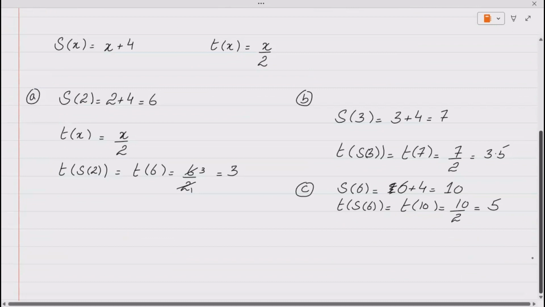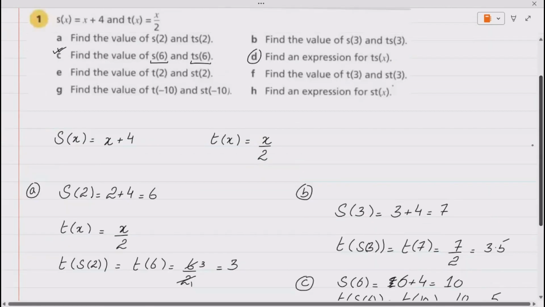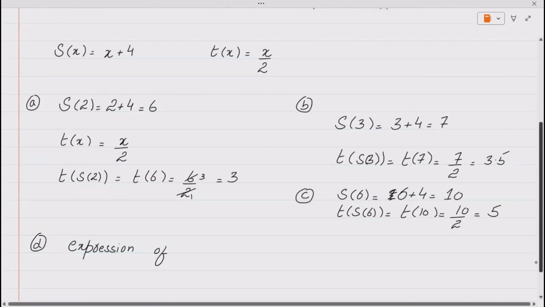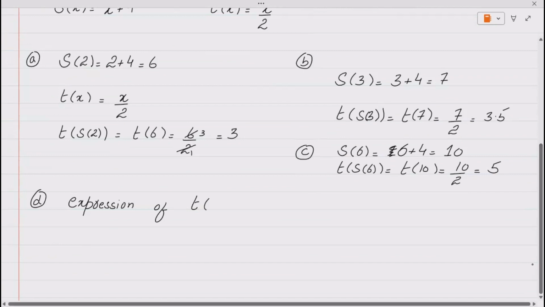Part D is important. In part D, we have to find the expression, or you can say the formula, of T of S of x. We have T of x as x upon 2, and we have to put S of x in place of x, because we have to find T of S of x.